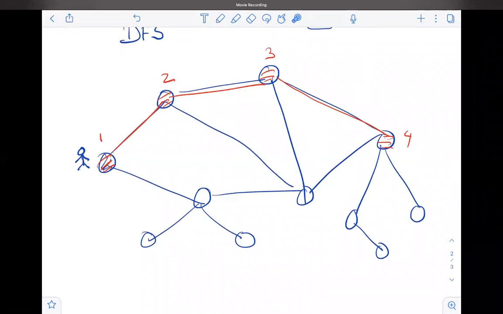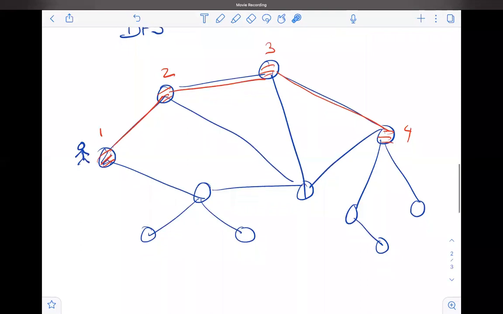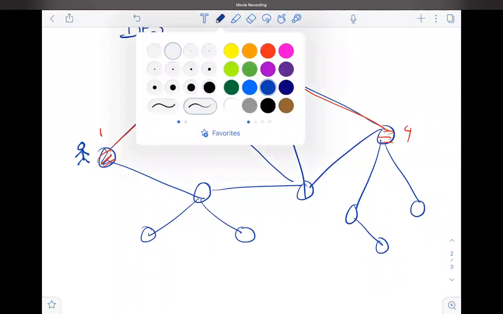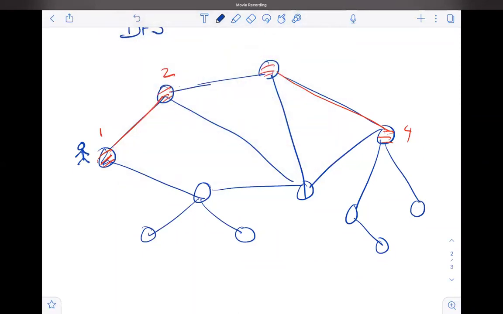But more importantly, what I am trying to say is that after I have seen the first vertex, or after I have seen the second vertex, I could have said, okay, now I don't want to go further. I want to first check all the vertices. There's nothing in 2.